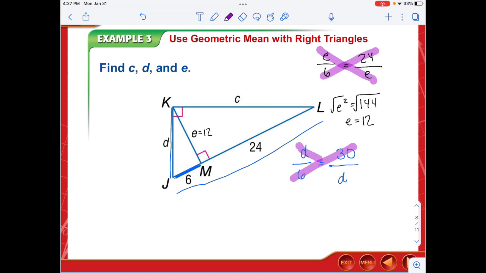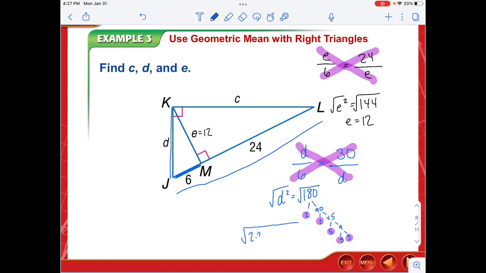So I'll go ahead and cross multiply. I get D squared is equal to 180. And I will have to take the square root. Now, I know this isn't a perfect square, and I don't want to get a decimal answer, so I need to go ahead and factor tree to simplify. So I have 2 and 2 and 5 and 3 and 3. I got down to just primes.